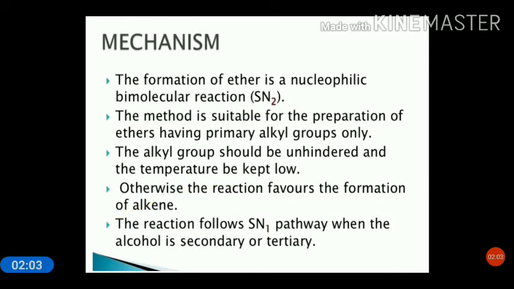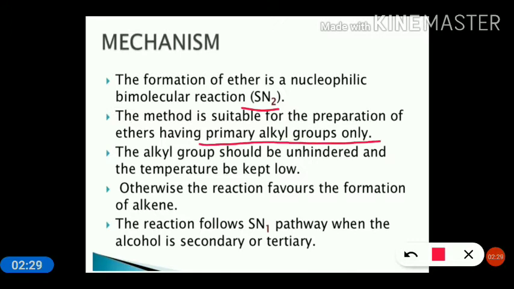The formation of ether is a nucleophilic bimolecular reaction. We have discussed SN2 in haloalkanes and haloarenes. This method is suitable for the preparation of ethers having primary alkyl groups only.